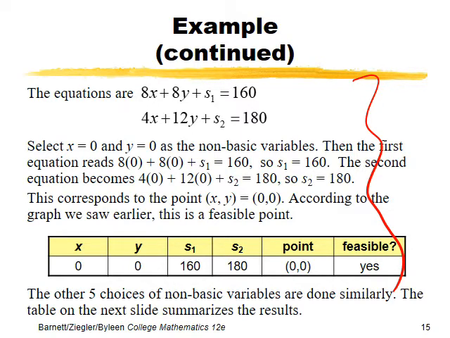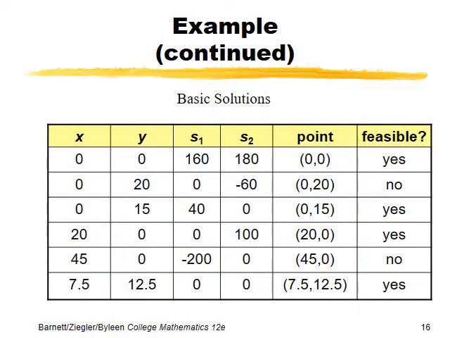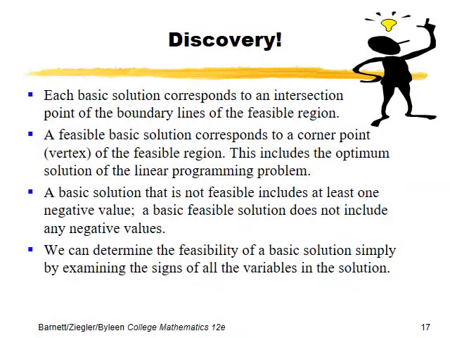We always assign value 0 to our non-basic variables. Don't forget this point, I repeat it, we always assign value 0 to our non-basic variables. I will explain it later in this slide which one is a basic variable and which one is a non-basic variable. You can go through this slide, it is not necessary to waste time on it.